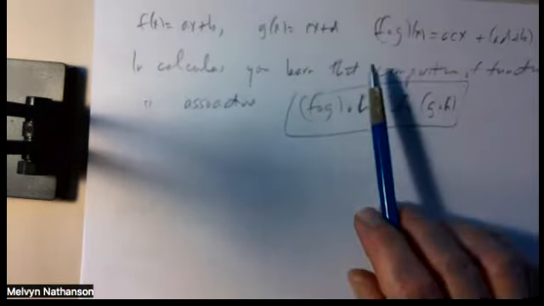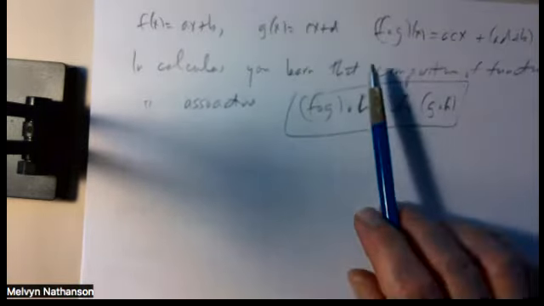By our formula for composition of functions, f composed with g of x is equal to 3x plus ad plus b, 4 plus 2 plus 6.